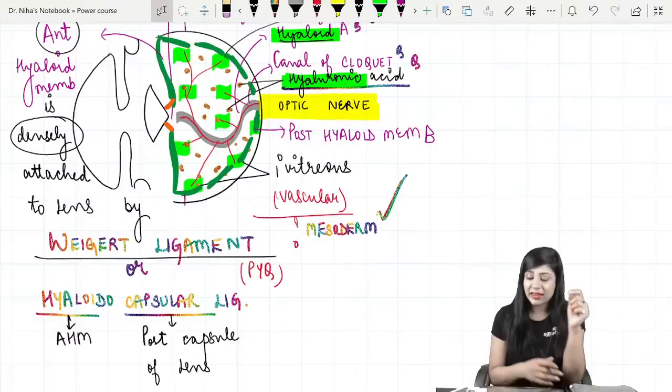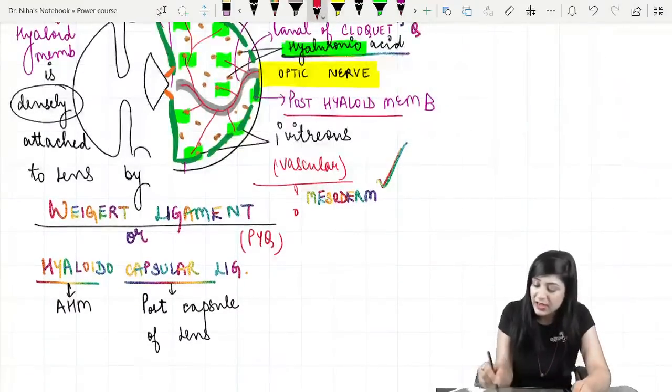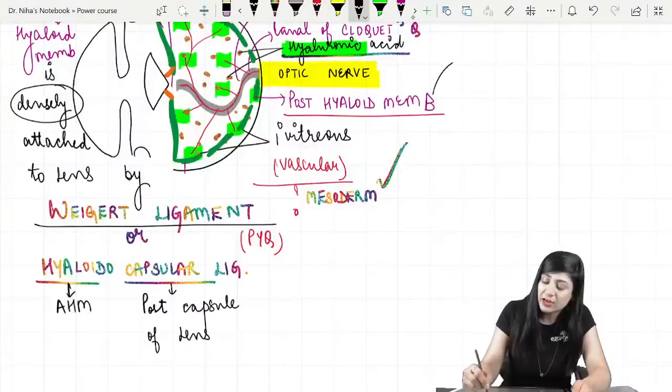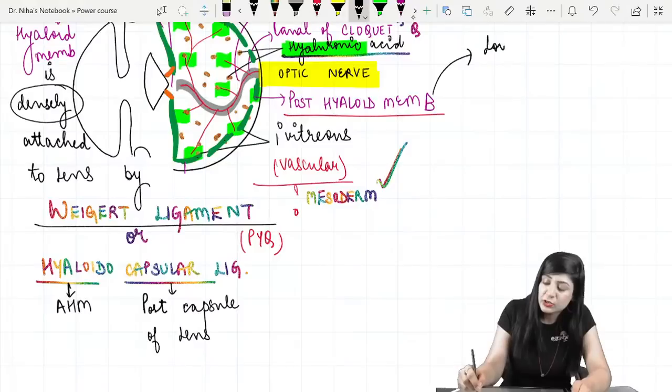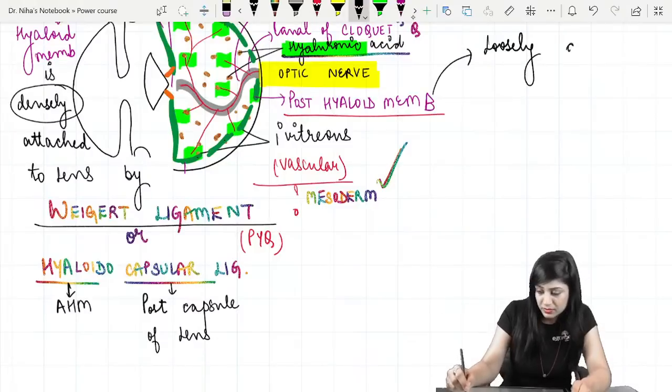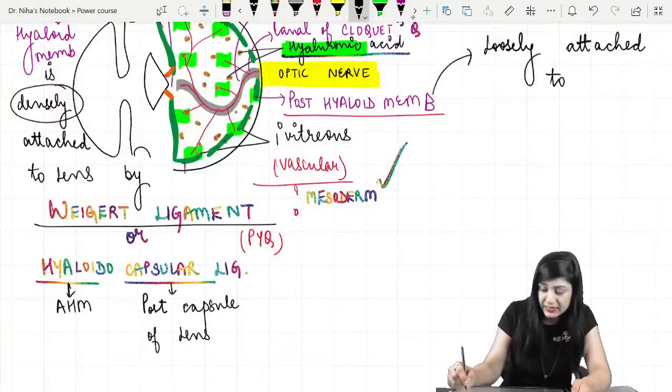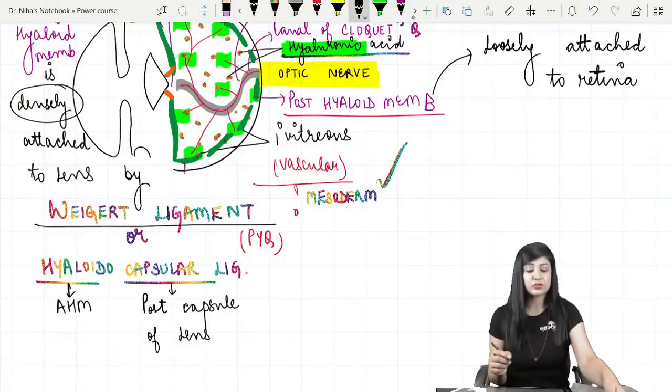On the other hand, if you look at this posterior hyaloid membrane, I have drawn this dotted because it is loosely attached to the retina. Please draw the diagram.